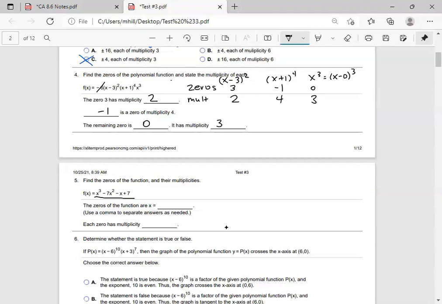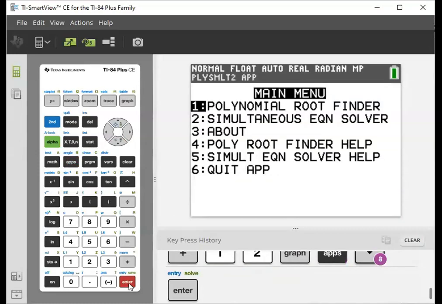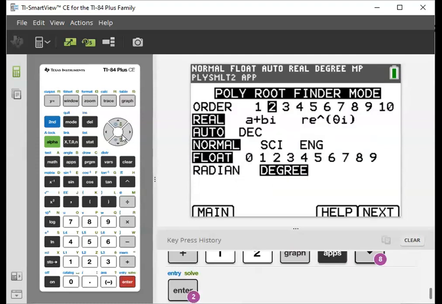On this one, when we use that polyroot finder, I would go to apps, go down to Poly Simulator 2, hit enter, and we would start. We would have to pick that the highest power is the 3rd.